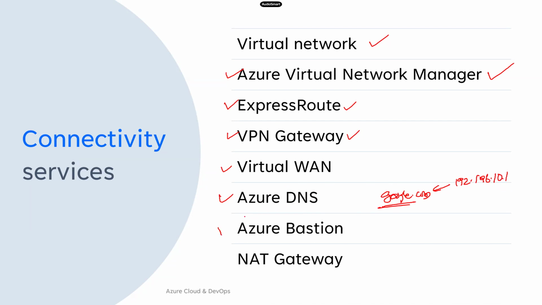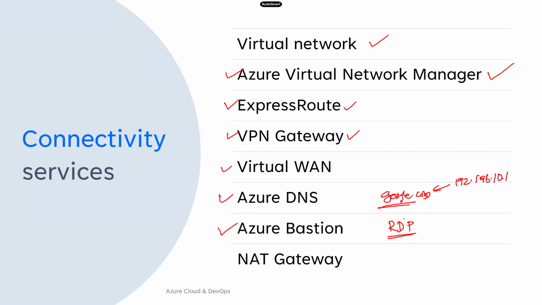Azure Bastion is something like this: currently we are using RDP, Remote Desktop Connection, with a utility that we have on our laptop. We search for RDP, put in the IP, then the username and password, and then we access it, right? Here, we will be able to access the RDP services in the browser itself.